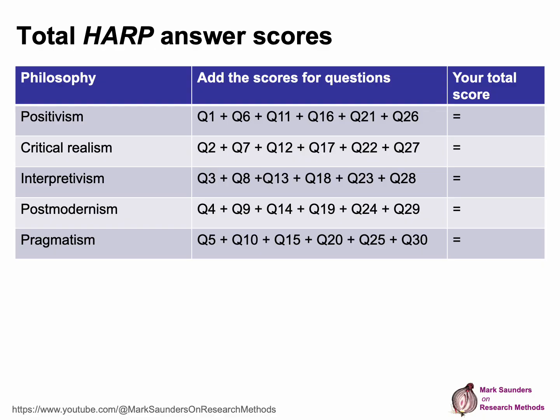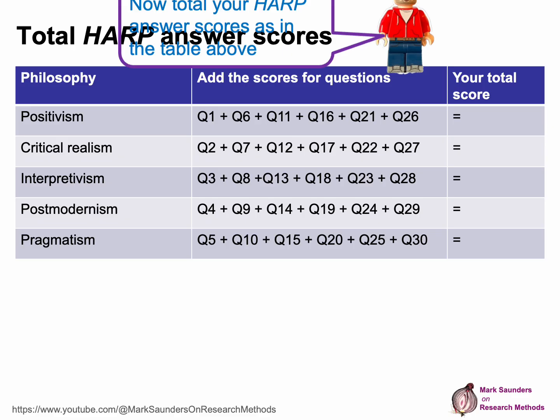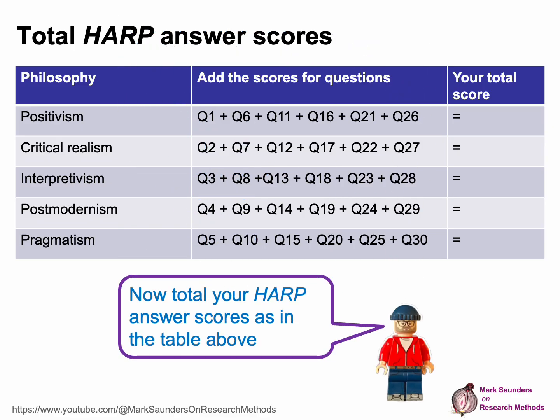And finally, questions which show how closely your views relate to pragmatism are questions 5, 10, 15, 20, 25 and 30. So let's now get you to add these up. Total your HARP answer scores as in the table above to give yourself a total score, and you can do this on the same piece of paper you've been using up to now.